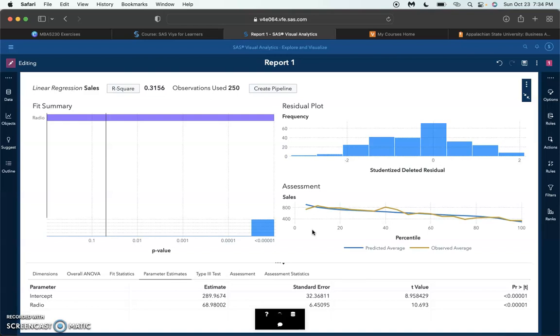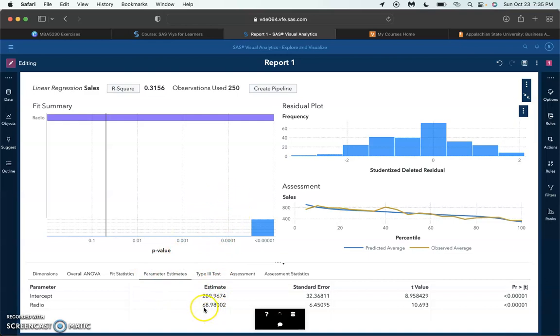So we do this by stating that sales equals this estimate in the radio column right here, so 68.98 times the number of radios plus the estimate from the intercept, which is 289.97.